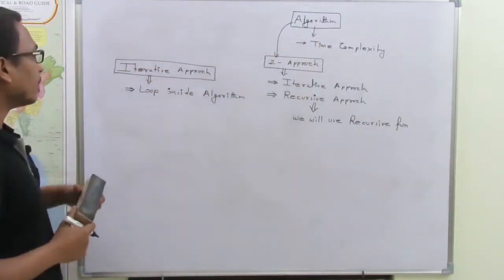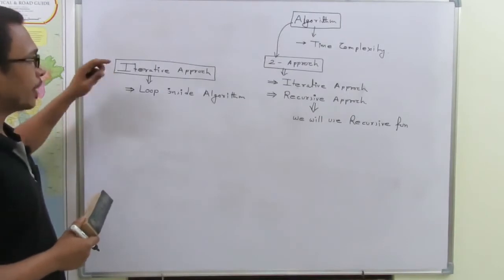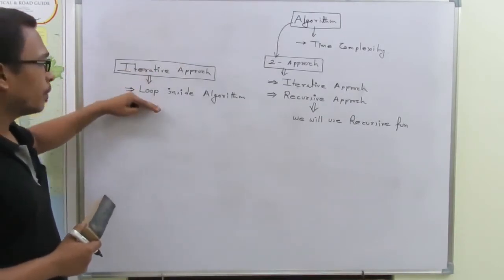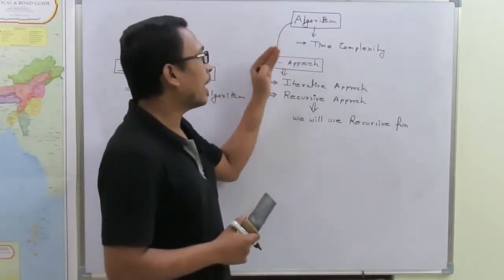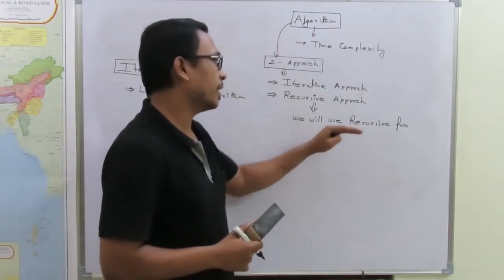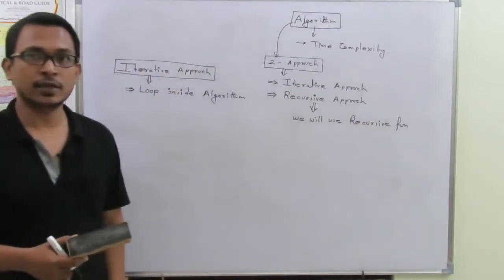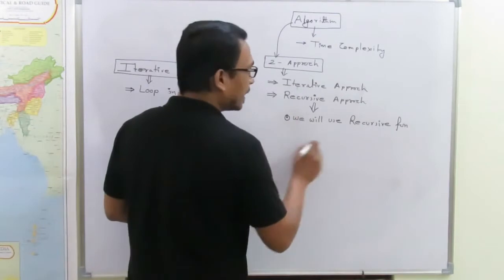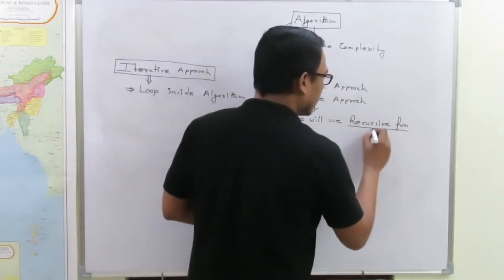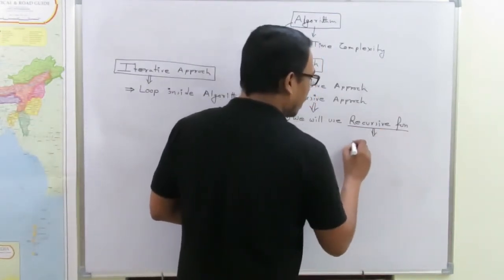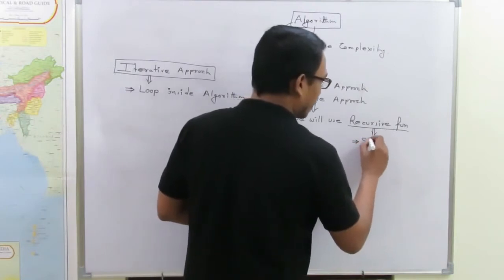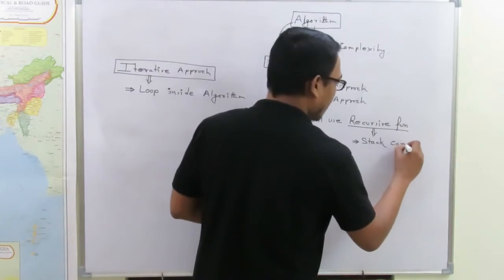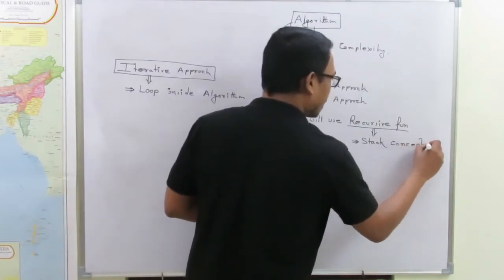Now, how to find the time complexity for an algorithm that has iteration or a loop, and how to find the time complexity of an algorithm that has a recursive function implementation. So now we all know that in case of a recursive function, the execution is performed based on the stack concept. Clear?